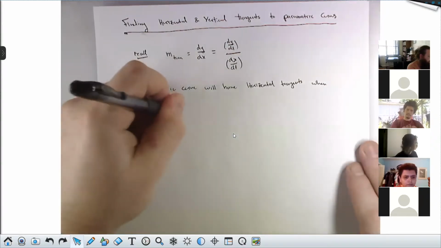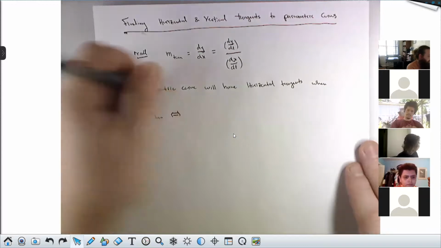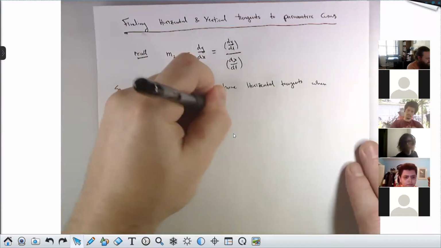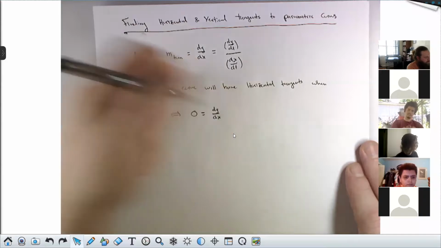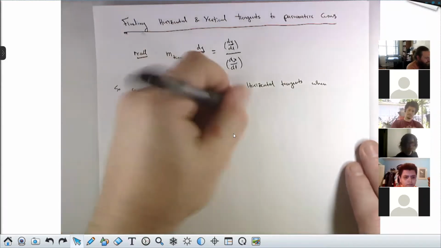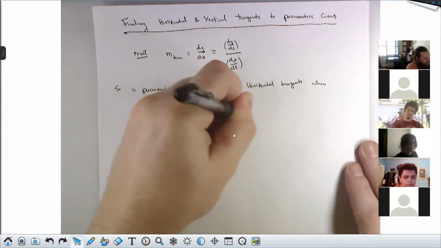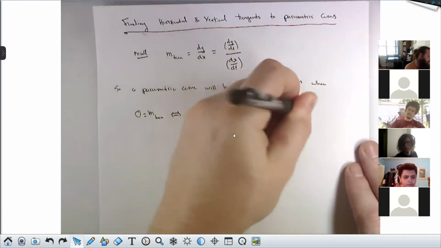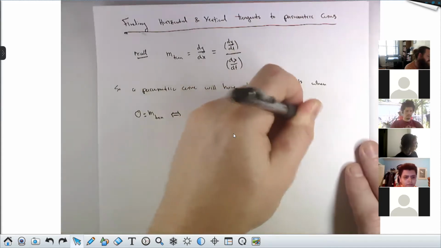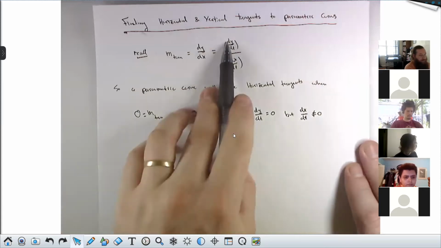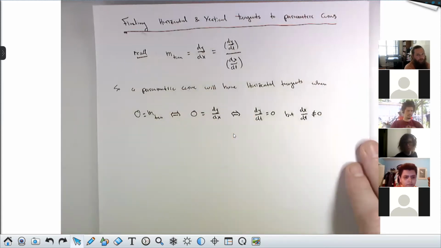And this is equivalent to saying that 0 is equal to dy dx. And that means that dy dt is equal to 0, but dx dt is not equal to 0, because dy dx is dy dt over dx dt.